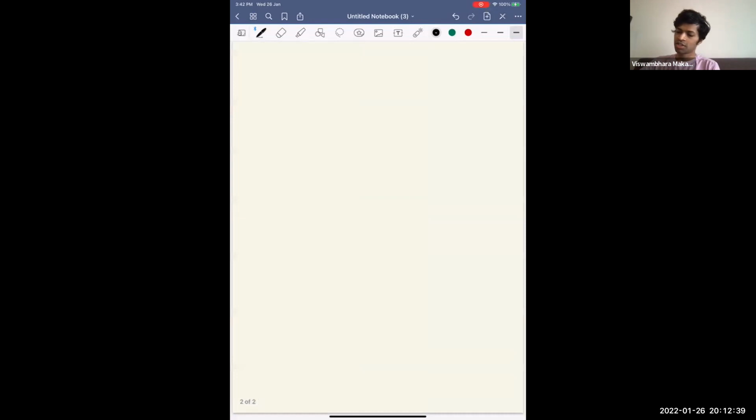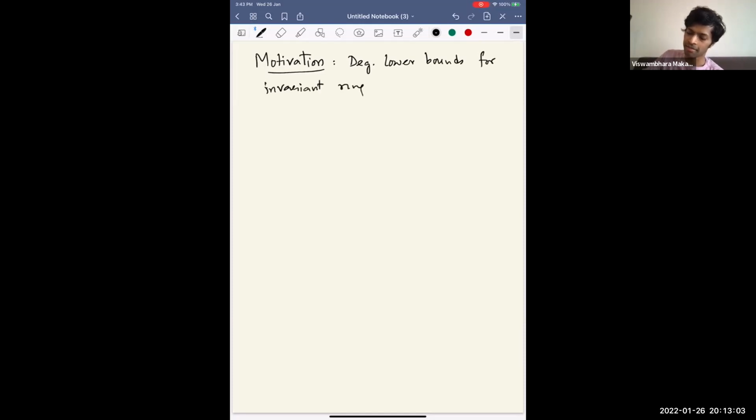So if you remember my previous talk, and I think most people were there, and if you weren't there, it doesn't matter so much. Just know this was my motivation: to prove degree lower bounds for invariant rings. And then there was this whole procedure that I had, and in the previous talk, I told how to do this in characteristic 0.